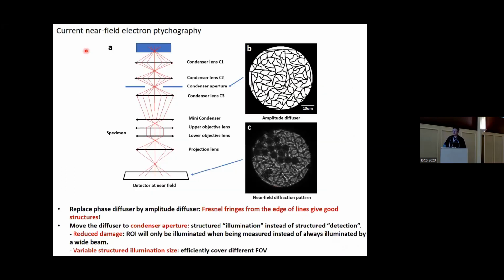So the white areas are just vacuum, where the electrons can pass freely through, and the black curved areas are very thick, so that the electrons will be completely blocked. And it's around 50 micrometers in diameter. I don't know whether that answers your question.